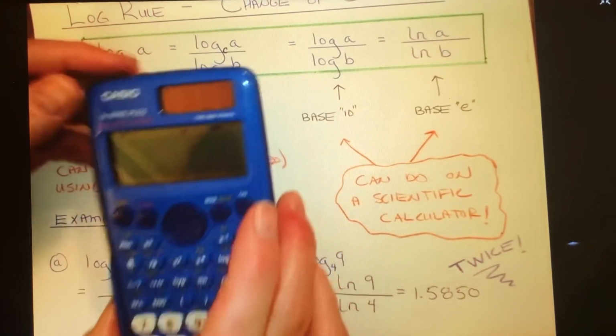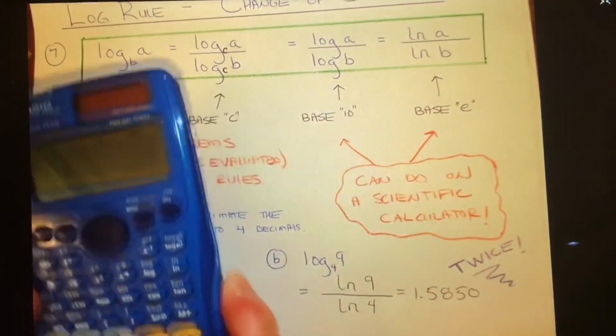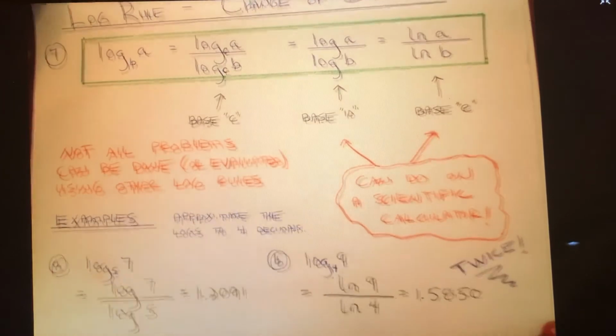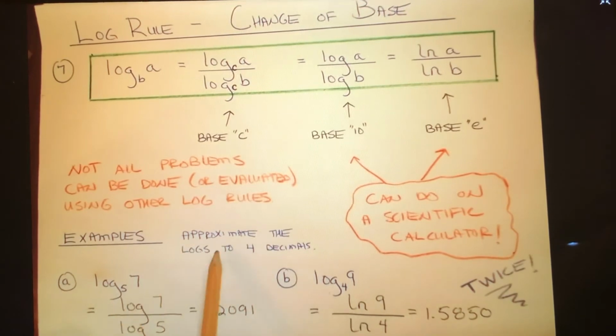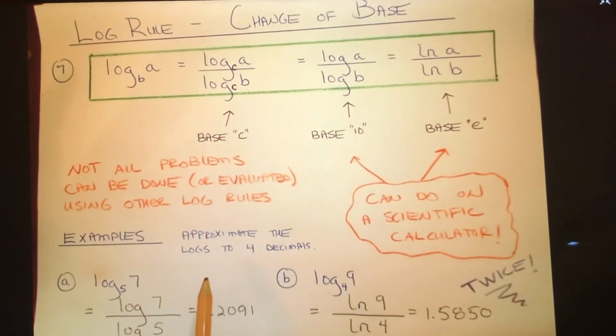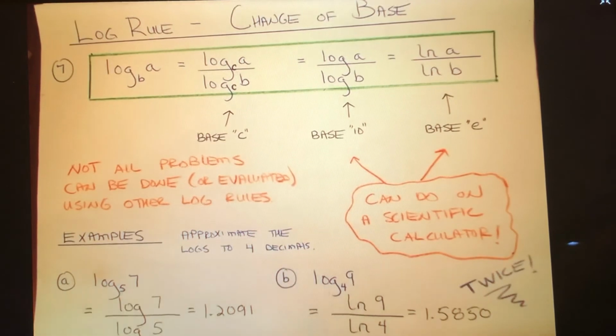So that is pretty much change of base. You use this when your instructor gives you a log problem that they want you to evaluate, and either they can tell you to do change of base in the directions, or if they use those words, approximate to so many decimals, that's a clue that it's probably a change of base problem.